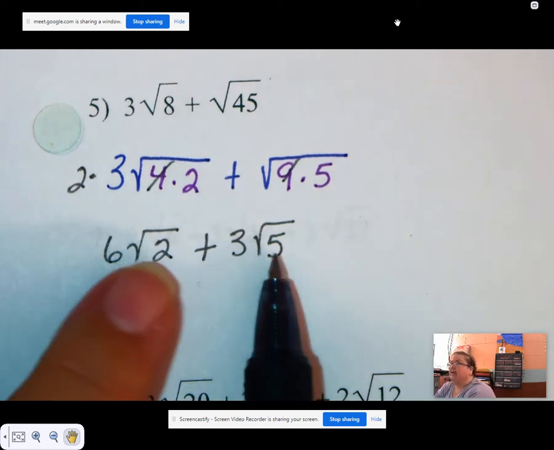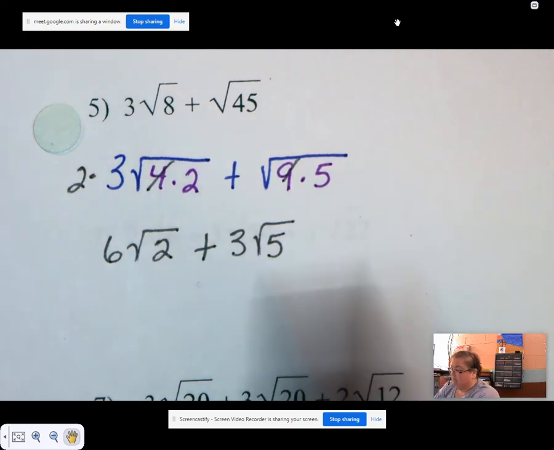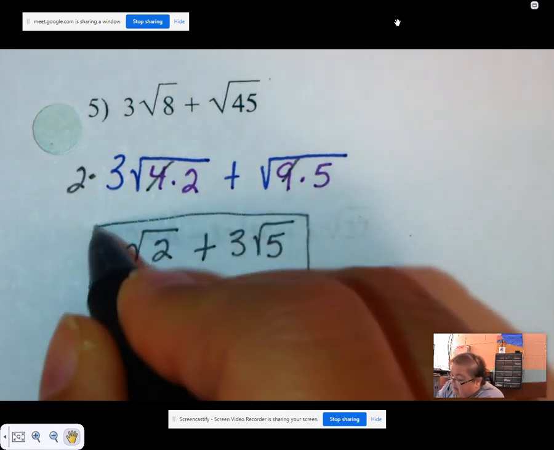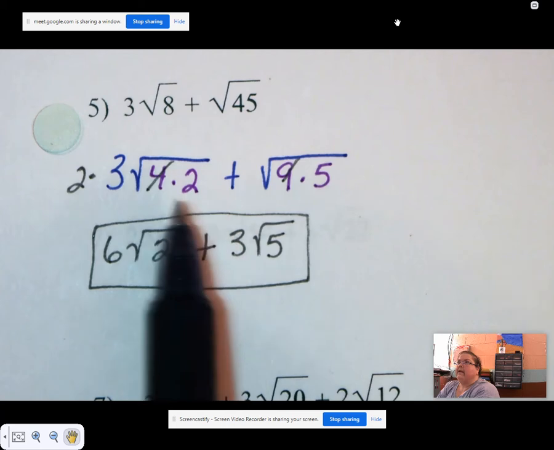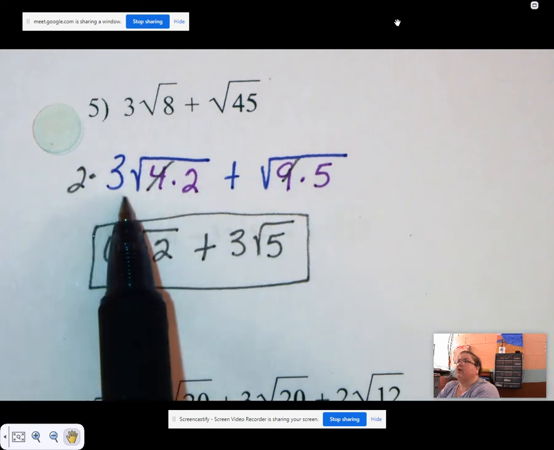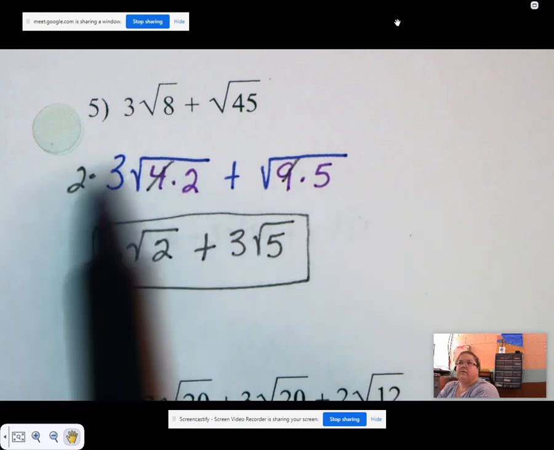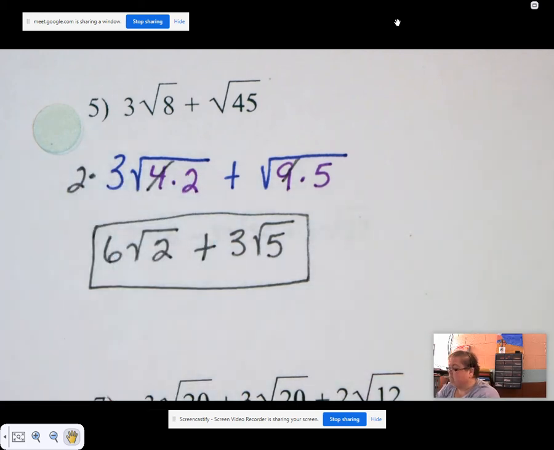Are these like radicals? No, they are not. So this is my final answer. How many of you got that correct? Okay. Just need a little reminder. If I have an existing coefficient, I'm going to multiply by what's already there when I bring that out. Okay. Number 7.